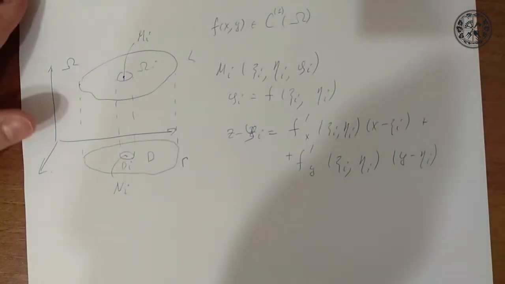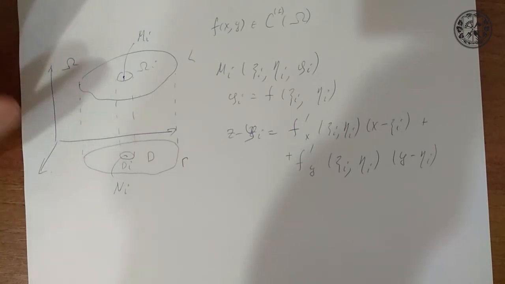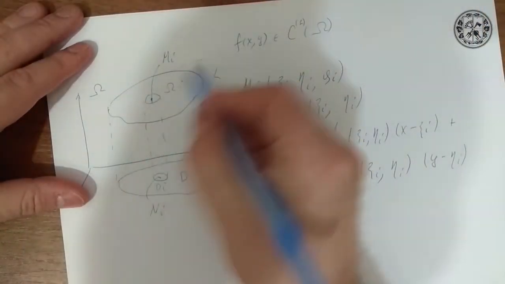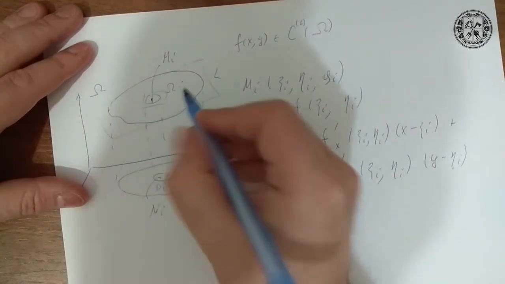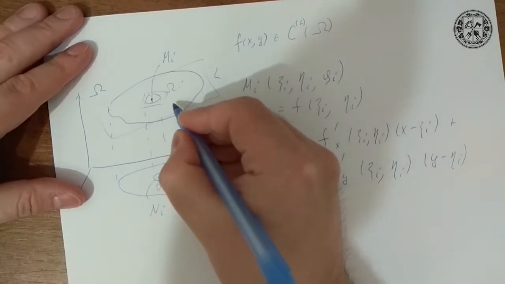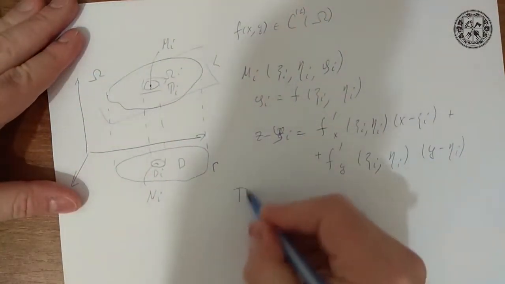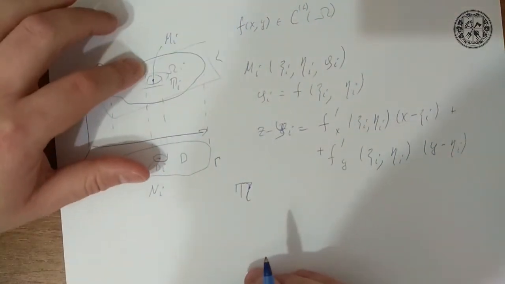This will be the equation of a tangent plane. And we build this tangent plane and we select some piece D i. D i is a piece of this tangent plane.